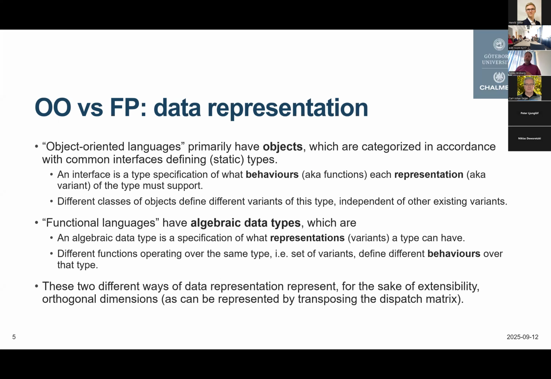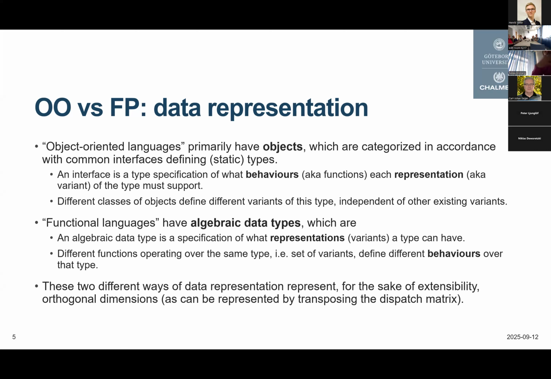Although I would use the term objects rather than classes. Okay, because you don't actually need to have classes. But you talk about static typing. Yes, I do talk about exactly so. So whatever language that we talk about that we might call object-oriented, it will have objects as its data representation. Okay, and then we have common interfaces.